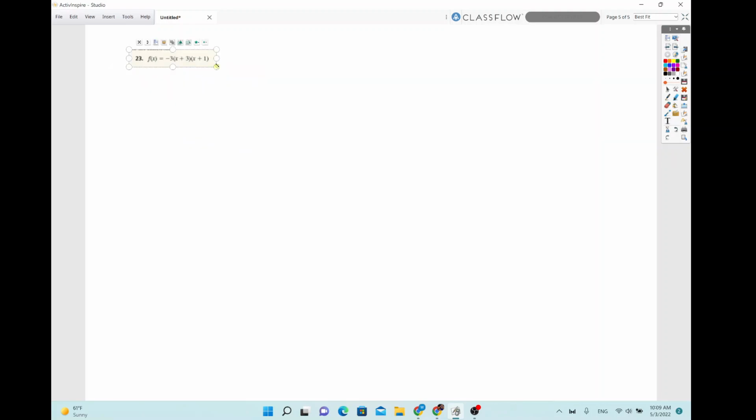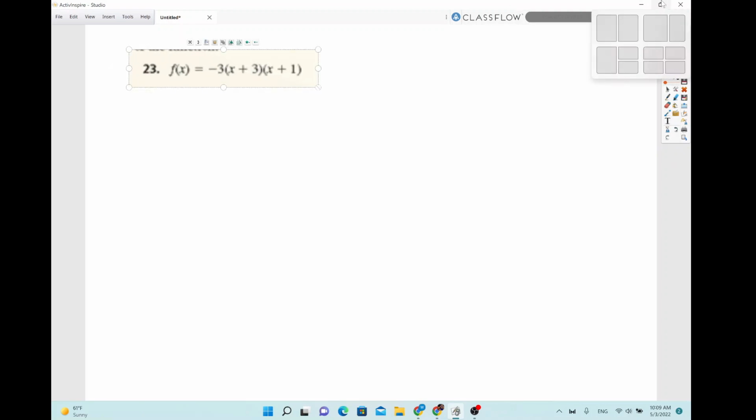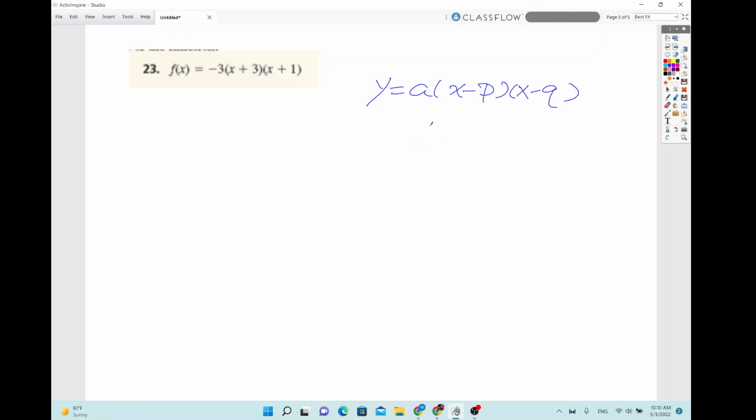The general form for the x-intercept form of the quadratic function is written as y equals, again, a, and instead of x minus h quantity squared, it's x minus p quantity times the quantity of x minus q, where p and q are the x-intercepts.